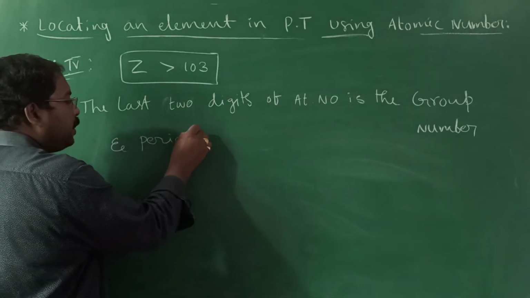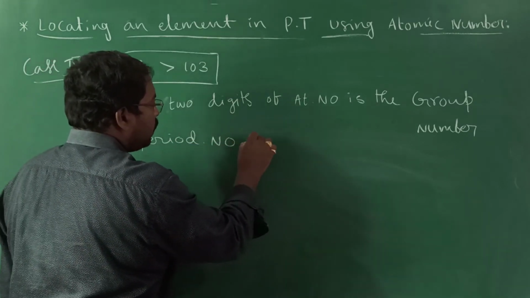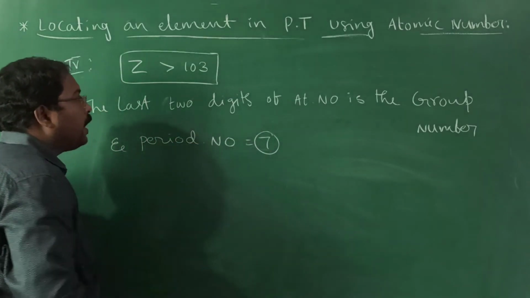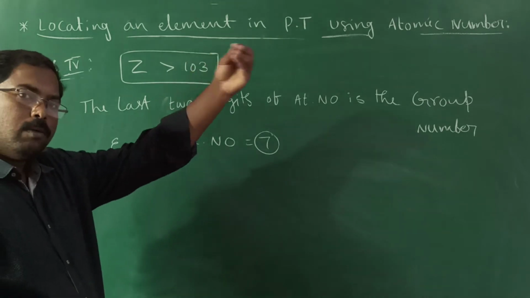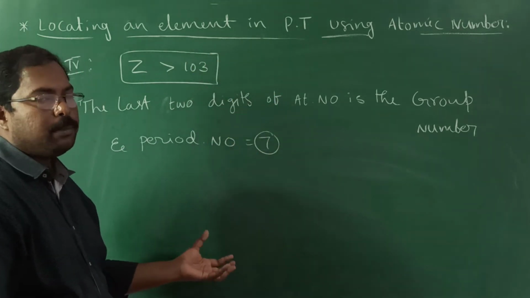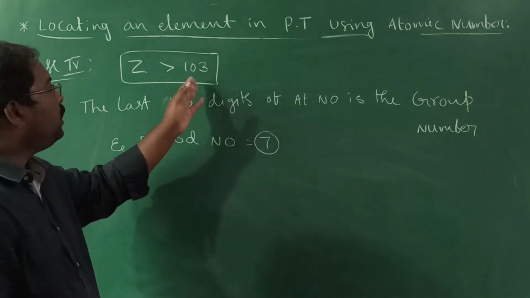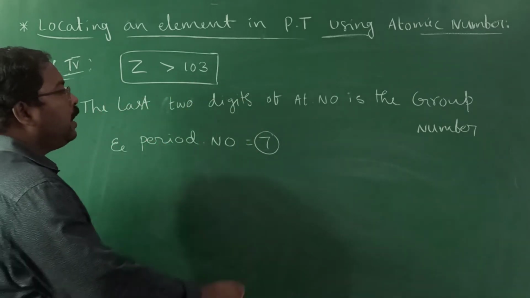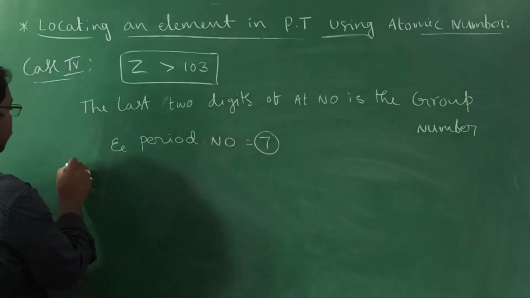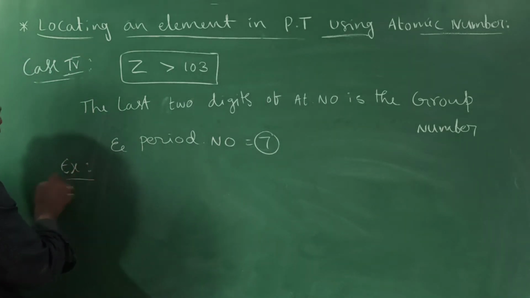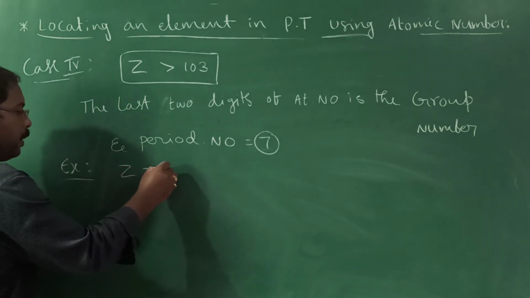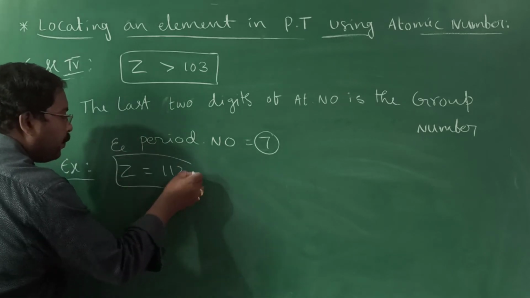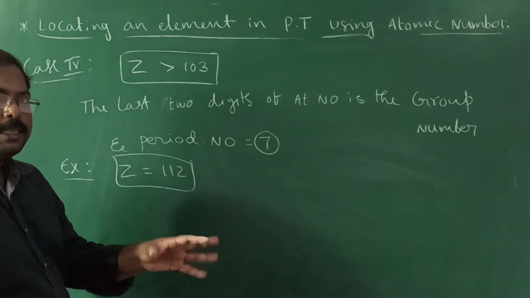And the period number, if you observe, is equal to 7, because from 103 to 118 all those elements belong to the 7th period. So in these cases, no tricks, no formulas, nothing needed. Simply the last two digits will represent the group number. For example, atomic number 112 is given. No tricks, nothing is needed.